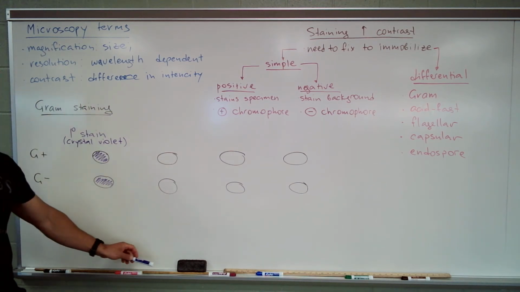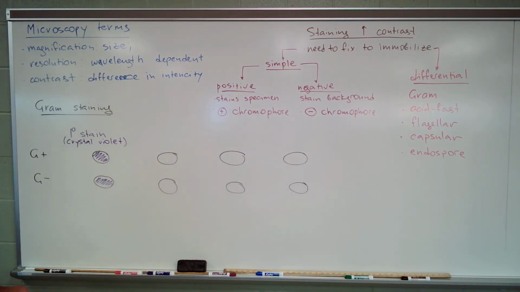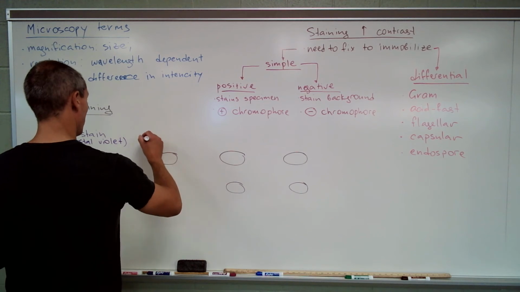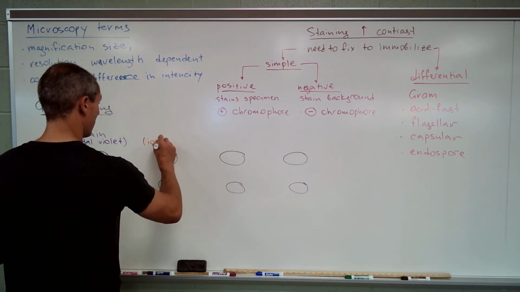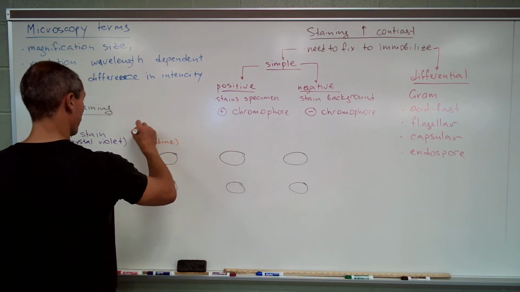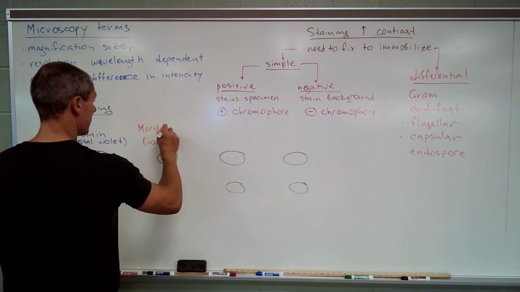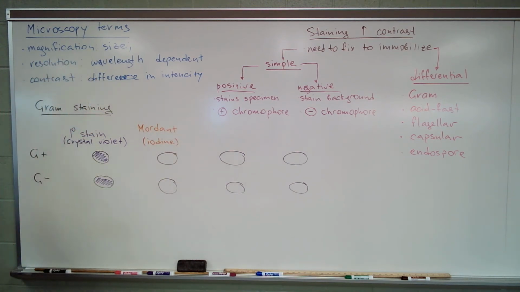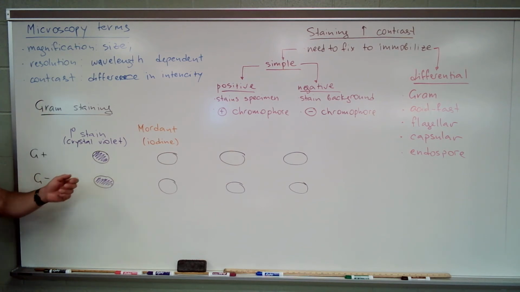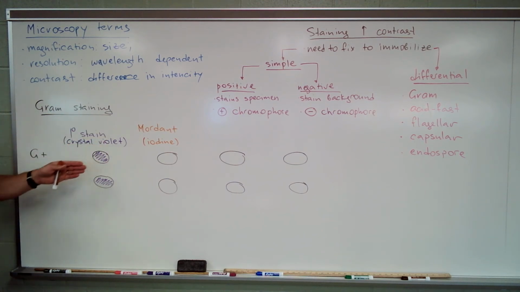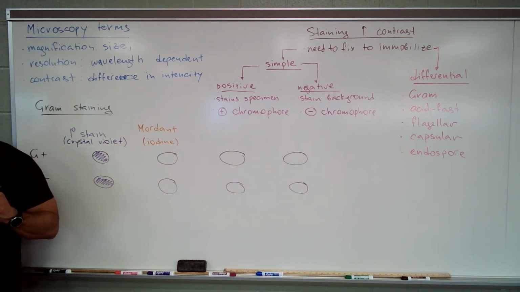Our second reagent is iodine, which is a mordant. Essentially, it chemically modifies the stain in the cell wall, increasing the adhesion of the primary stain molecules to the cell wall.